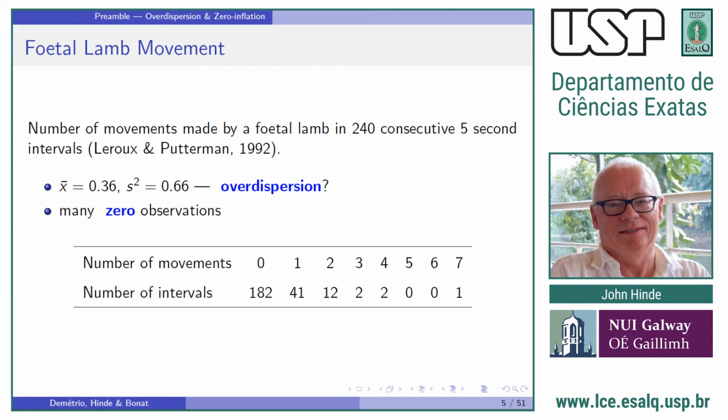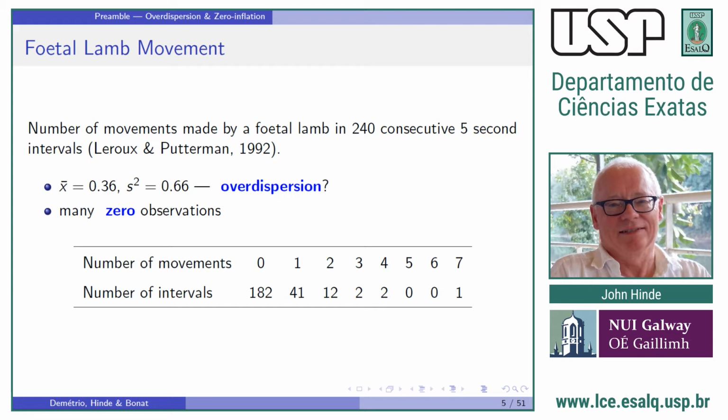On 182 occasions, it didn't move at all. On 41 of these occasions, it moved once. And on one particular occasion, it was going mad, and it moved 7 times. So it's some count data. If you calculate the mean, you get 0.36. The variance is 0.66. That variance is bigger than that mean. Overdispersion.